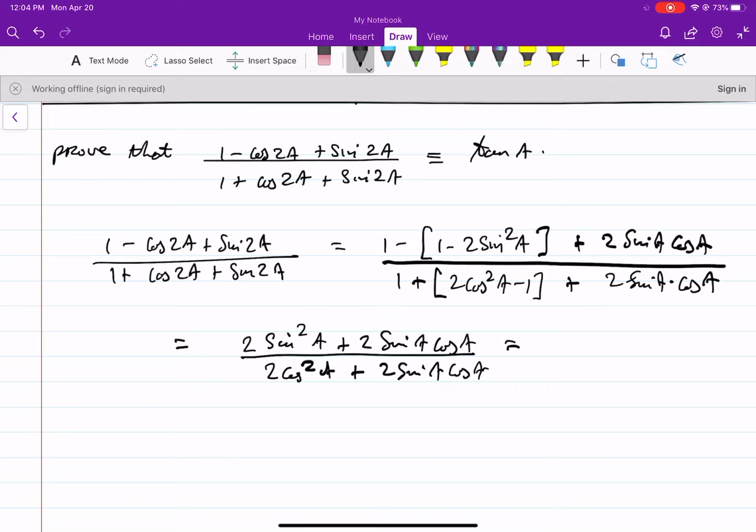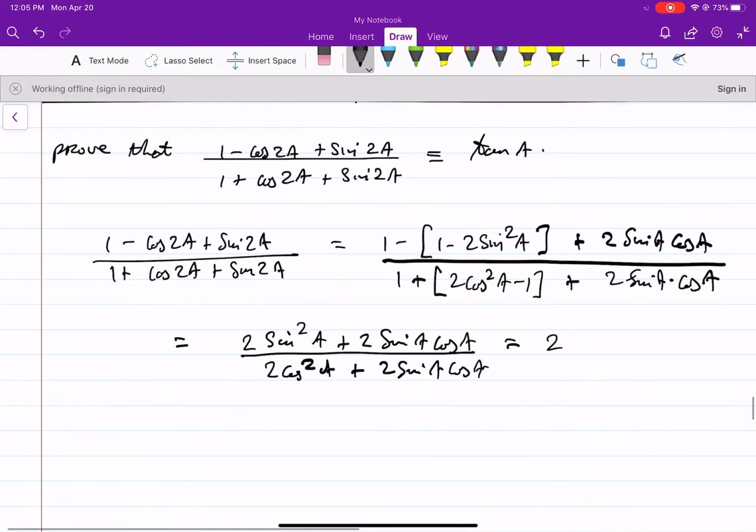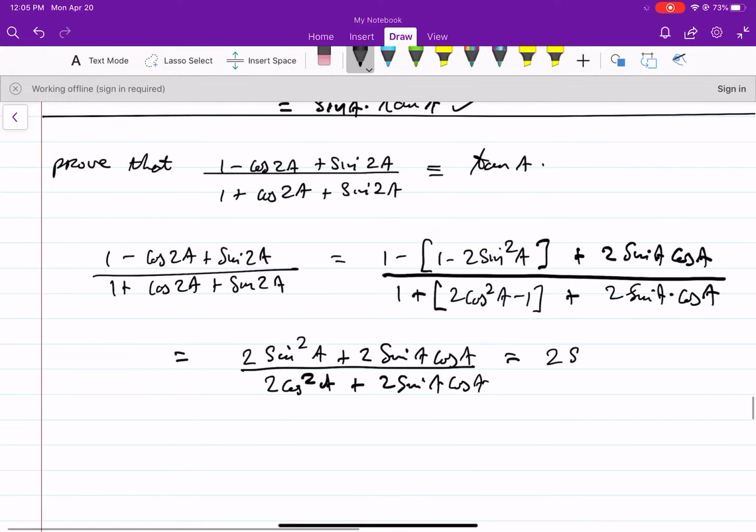What's common in both numerator and the denominator? Well, let's see. 2 is common, and sine A is common. If I factor 2 and a sine A, what's left? Sine A plus cos A. On the bottom, 2 and cos A is common. What's left inside?